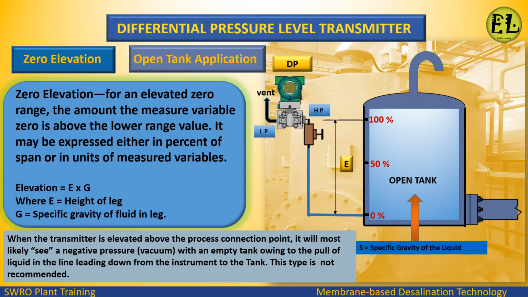When the transmitter is elevated above the process connection point, it will most likely see a negative pressure, vacuum, with an empty tank owing to the pull of liquid in the line leading down from the instrument to the tank. This type is not recommended.